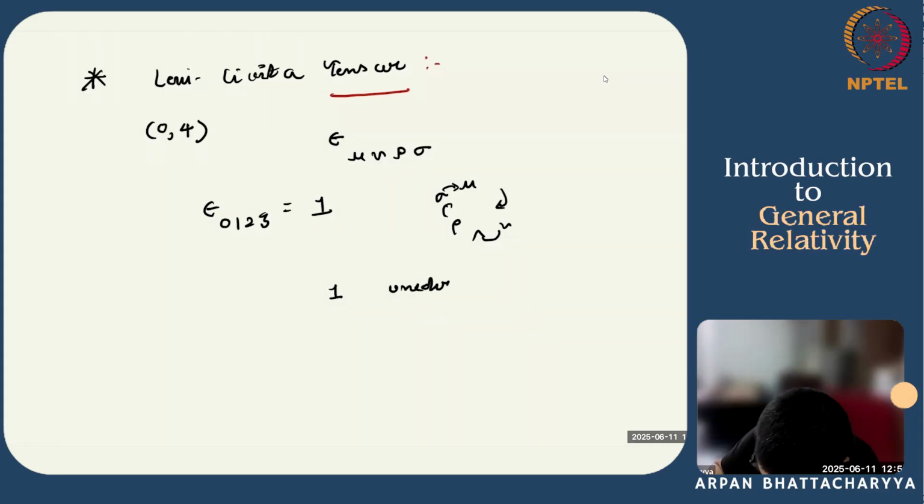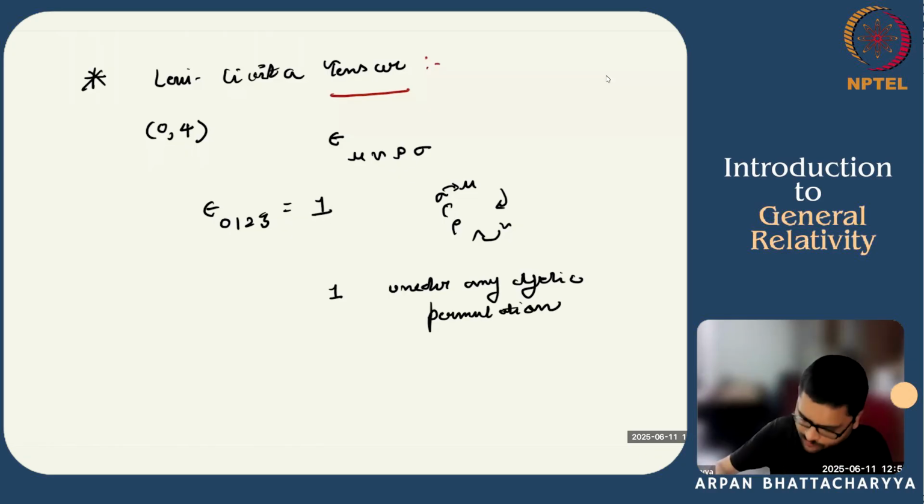Under any cyclic permutation, for example, if you permute like that, bringing sigma here and so on, epsilon sigma mu nu rho is the same as epsilon mu nu rho sigma, a cyclic permutation. And if you do any other non-cyclic permutation, it will give minus 1. Suppose you interchange any two indices.